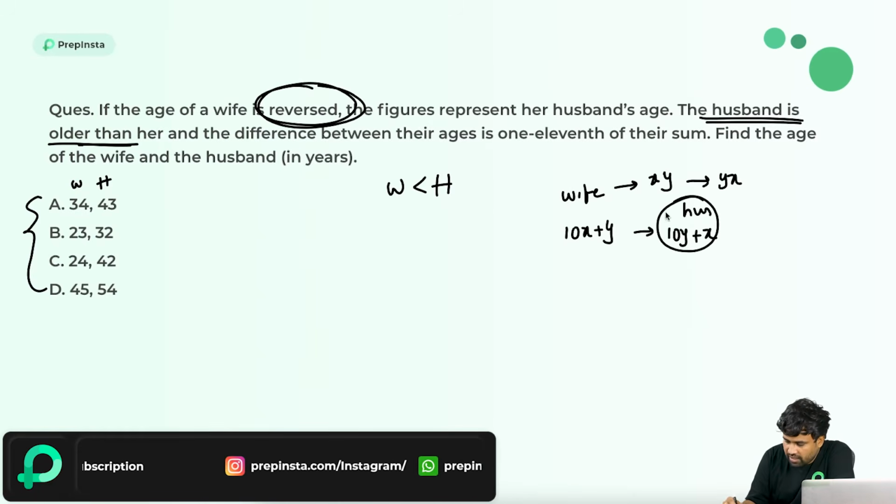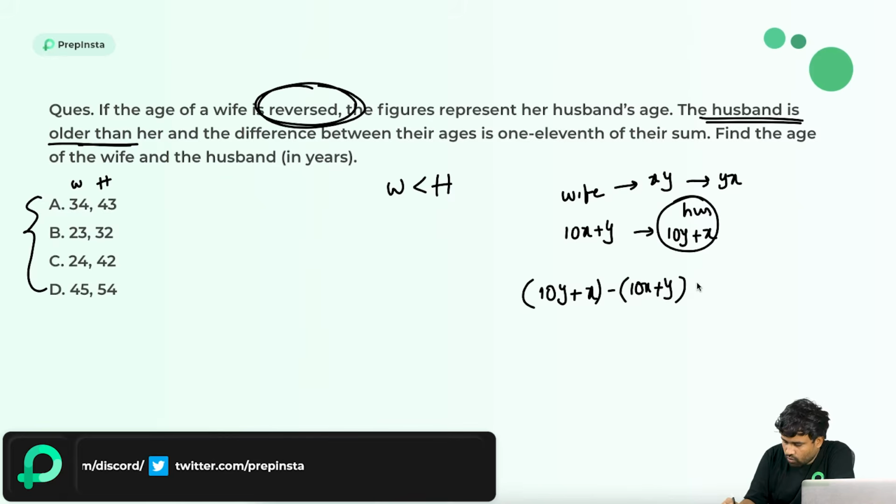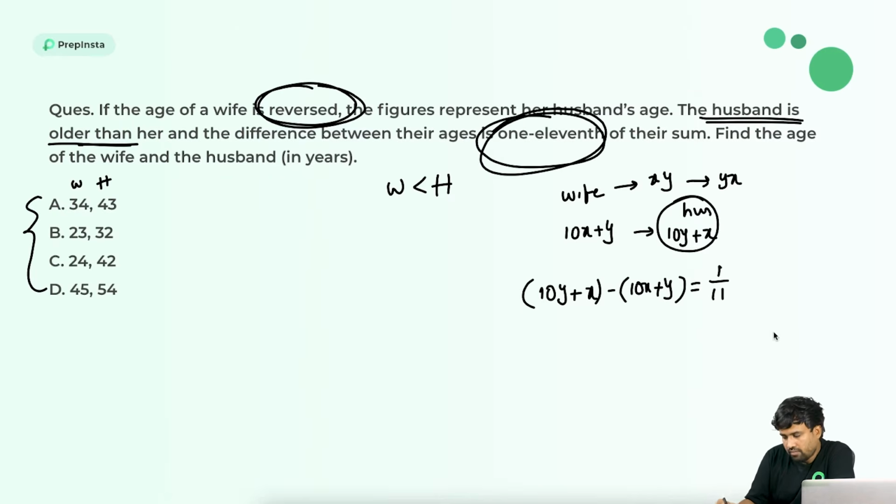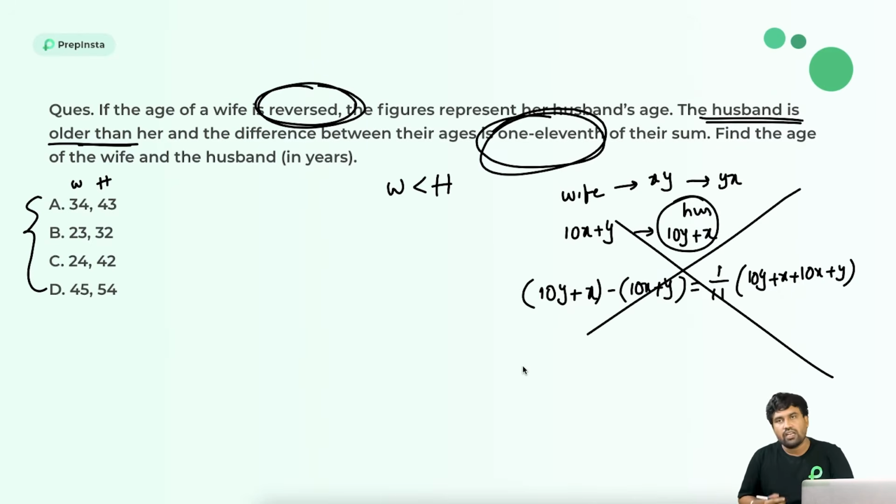And we know the husband's age is more, so 10y plus x minus (10x plus y), the difference, is equal to 1/11 of their sum, which is 10y plus x plus 10x plus y.